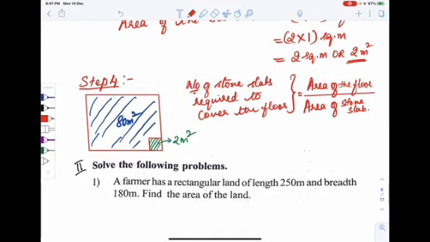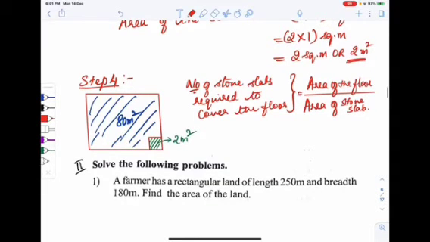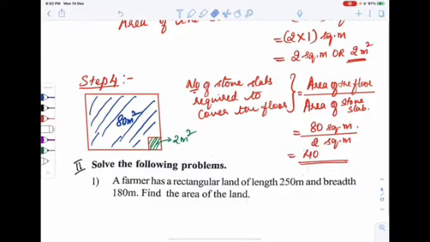Now number of stone slabs required to cover the floor is equal to area of the floor divided by area of stone slab. Now we have known area of the floor, which is 80 square meters, divided by area of stone slab, which is 2, equal to 40 stone slabs.